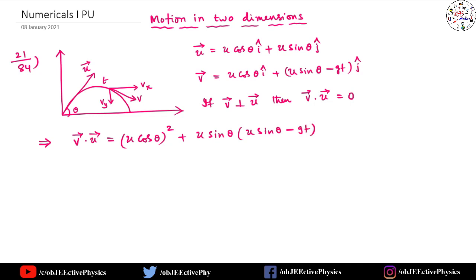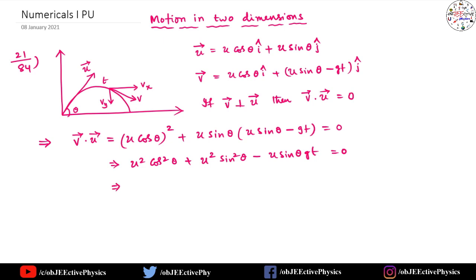So that is u sin theta into (u sin theta minus gt) is equal to 0, or u square cos square theta plus u square sin square theta minus u sin theta into gt is equal to 0.